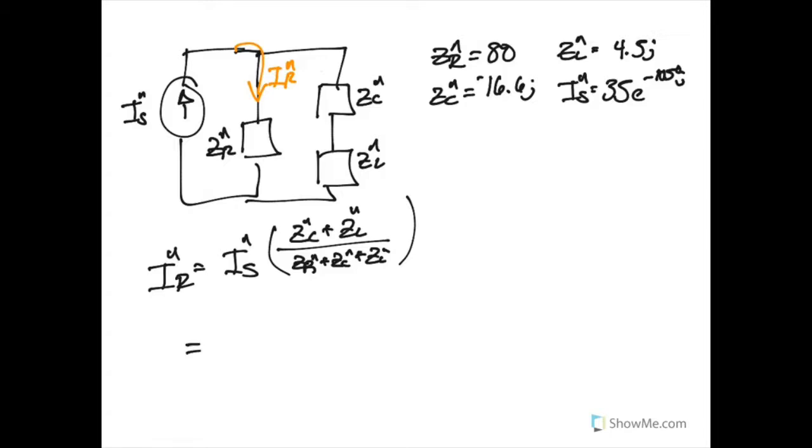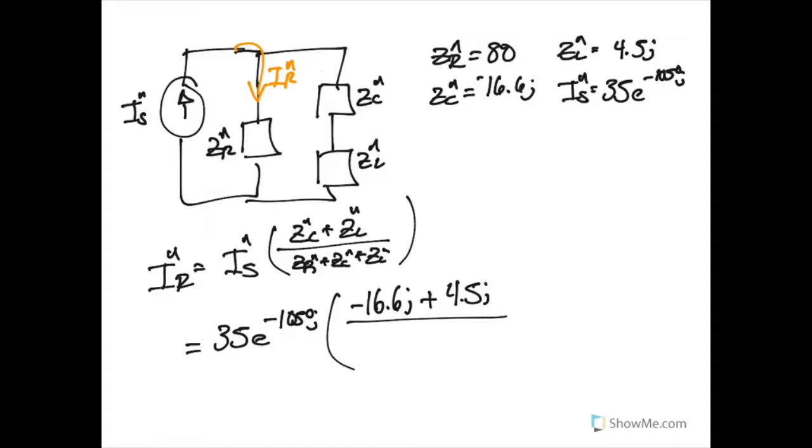And if we go about plugging our values in, we have the phasor of our current source here as negative 105 degrees J. ZC was negative 16.6 J. The impedance of the inductor was 4.5 J. And then again, we're going to just add all that stuff again, but simply add in the resistor into our equations.